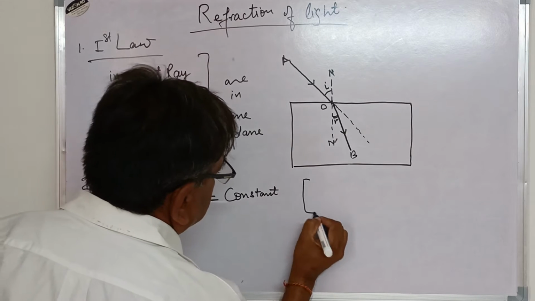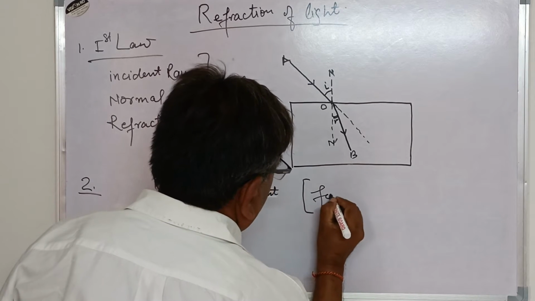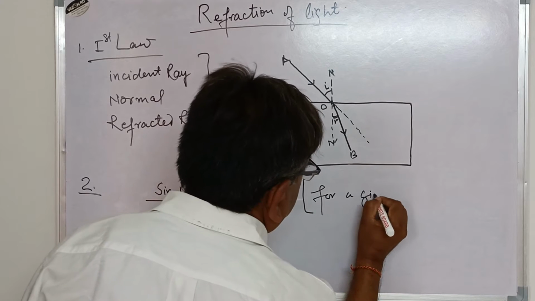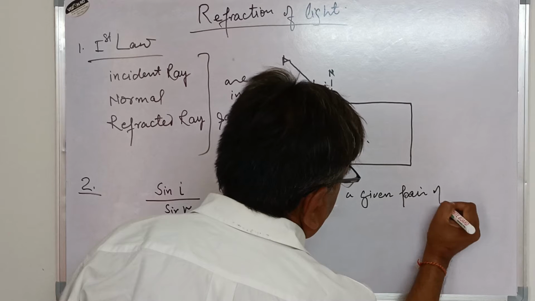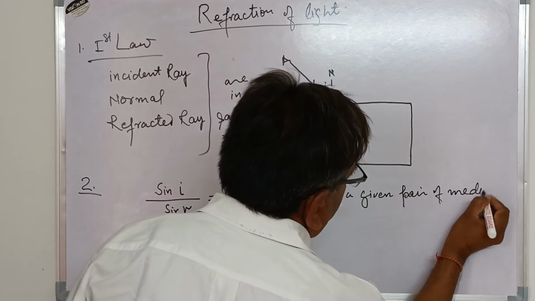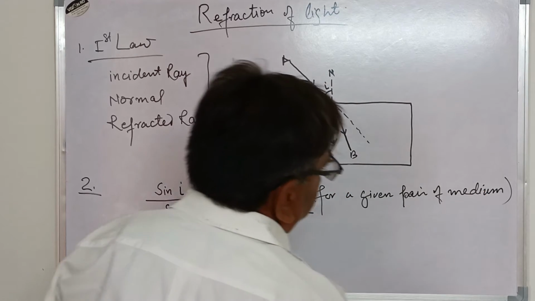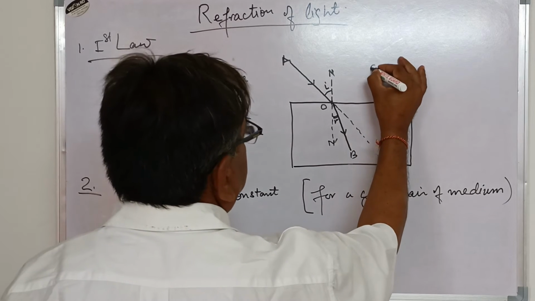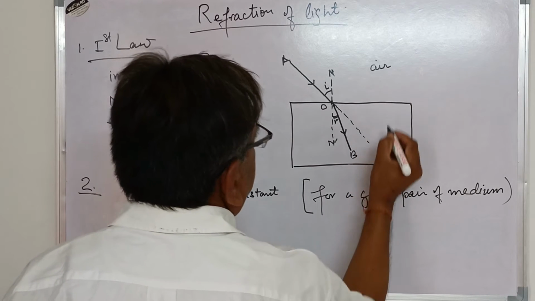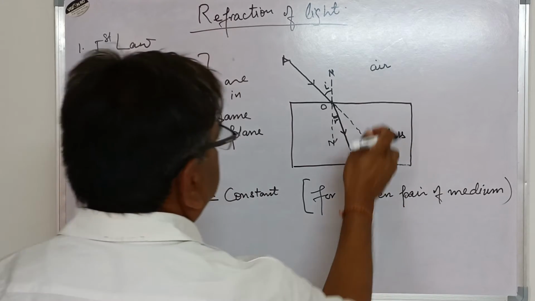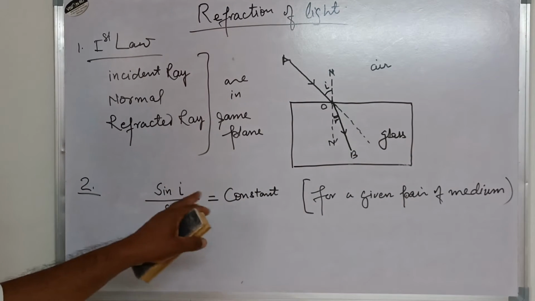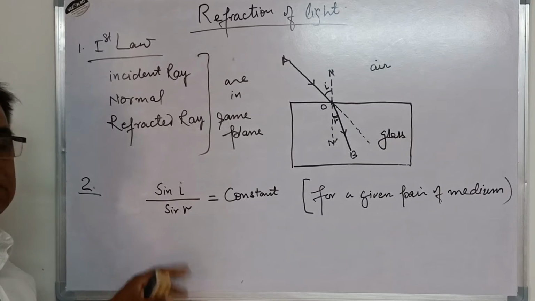For what is it constant? For a given pair of media. Let this one be air and this one be glass. So for air and glass, sin i upon sin r is constant.